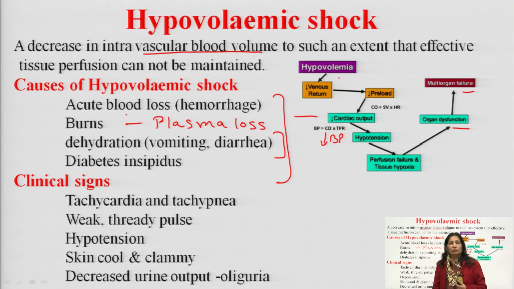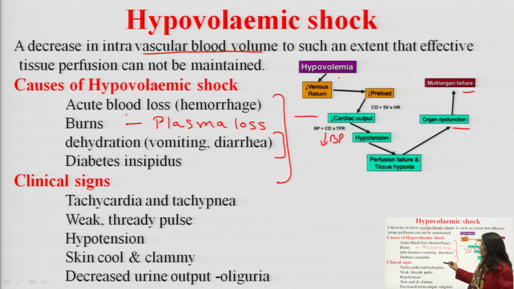Decrease in blood volume will result in decrease in the cardiac output, and decrease in the cardiac output will result in the fall in the BP, and reduced tissue perfusion will result in tissue damage and multiple organ failure. So, what are the clinical signs?